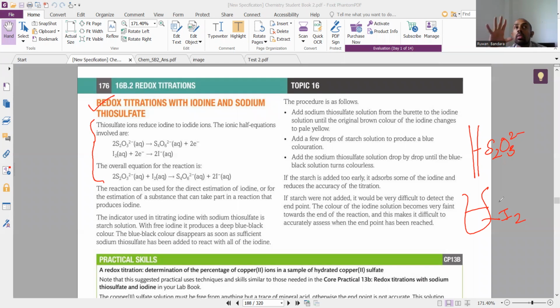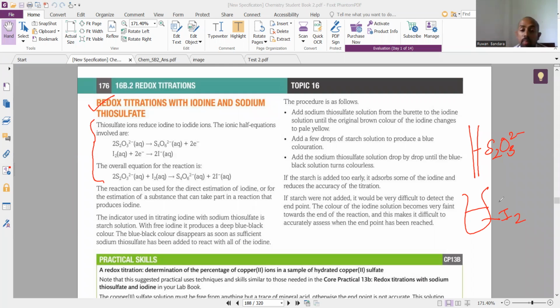That means until the solution becomes pale yellow, and then you can add the starch, and then you can see the clear blue-black color. And once you add a few more drops, sometimes one drop or two drops, of thiosulphate to the blue-black solution, it eventually goes to colorless. So that's the color change.